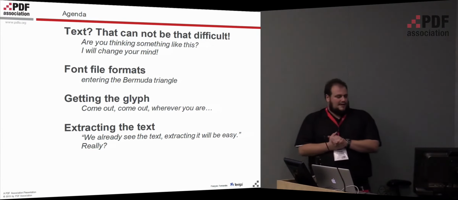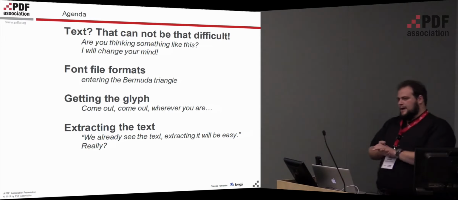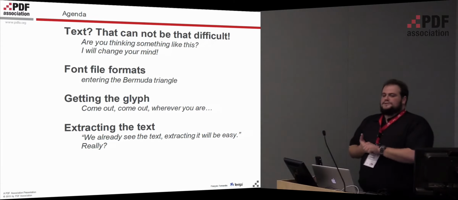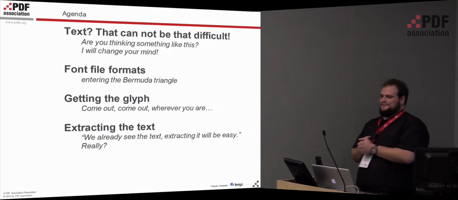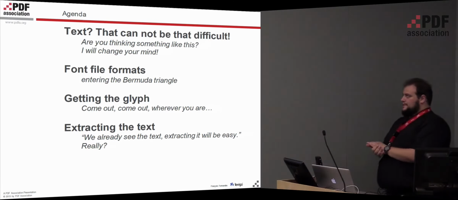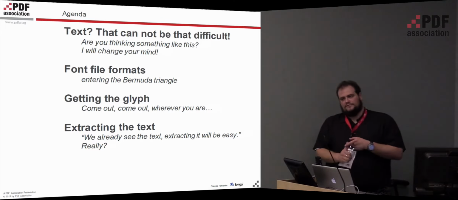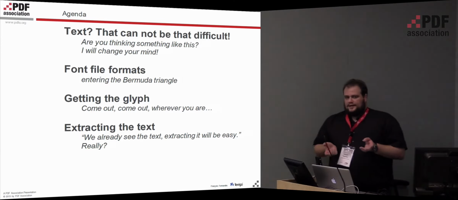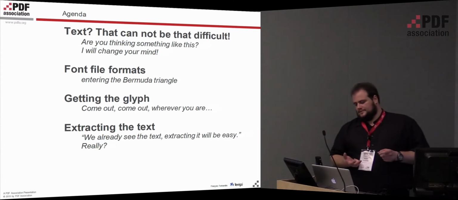I wanted to go through some different angles of view on that subject. First of all, something that I have been thinking: text cannot be that difficult. Let's see what we will see here. We will talk about the difference between font file formats, what a glyph is, and how to get glyphs out of fonts.